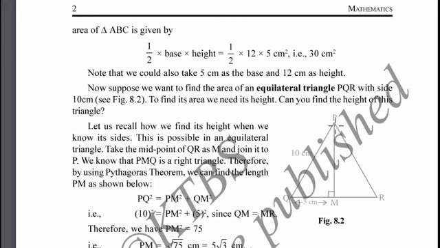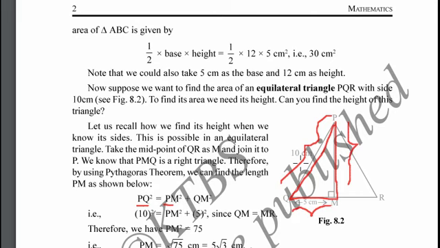So let us apply Pythagoras theorem for this half part of the triangle. PQ square is equals to, that is the square of length of hypotenuse, is equals to PM square plus QM square.